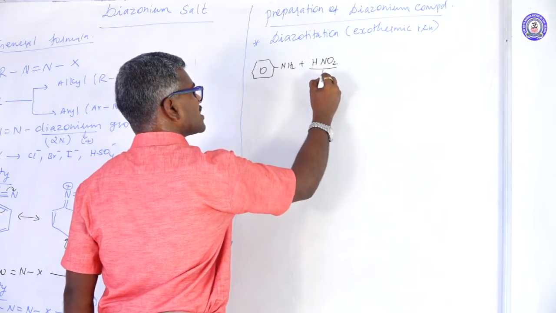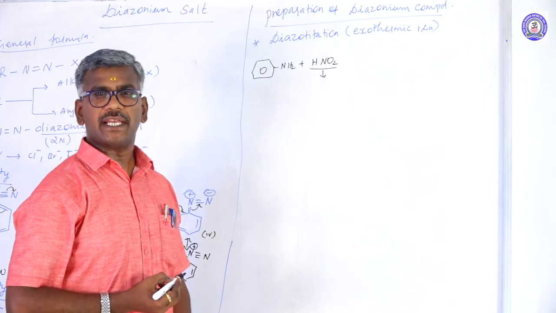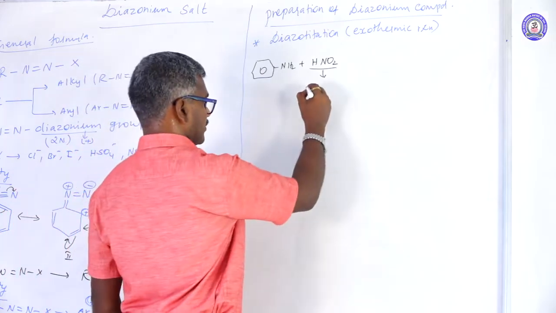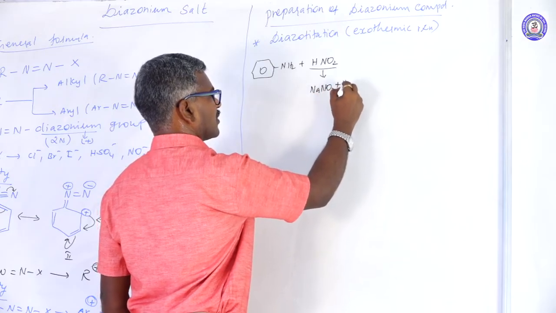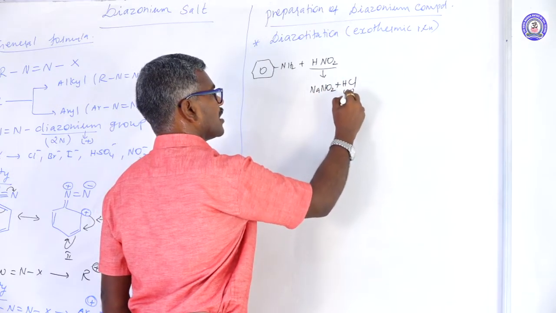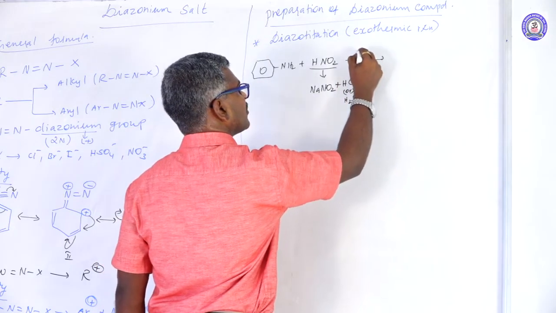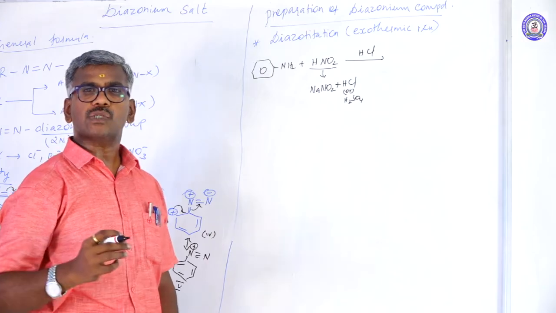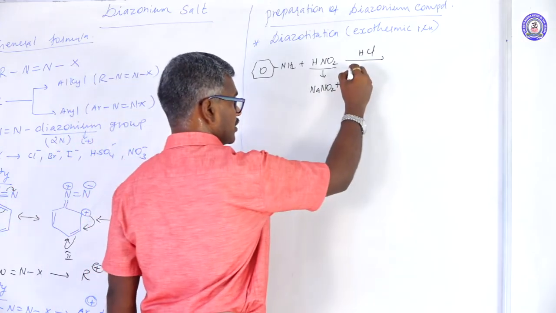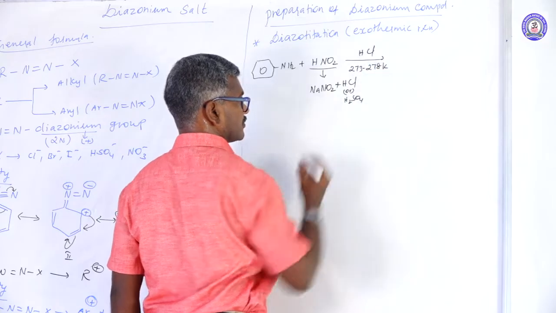How to prepare nitrous acid? Nitrous acid can be prepared from sodium nitrite and a mineral acid, HCl or H2SO4. In the presence of HCl, this reaction takes place under ice cold conditions. Temperature is 273 to 278 Kelvin.